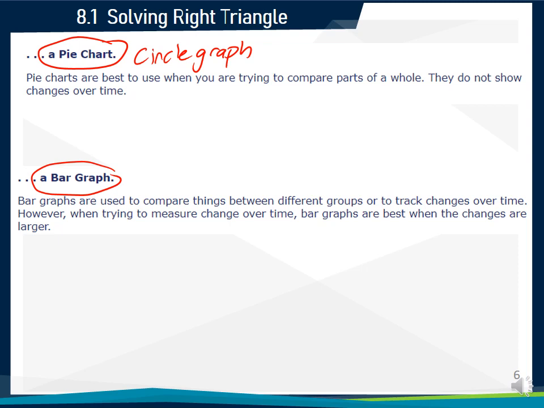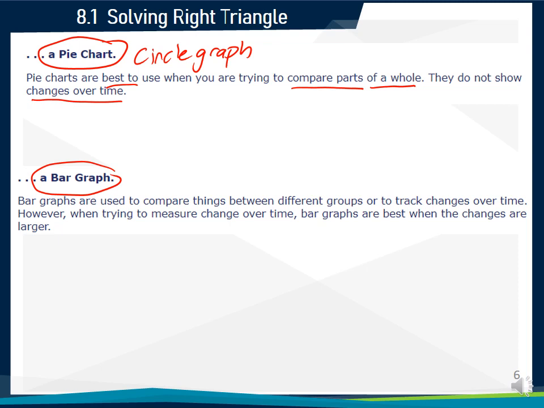A pie chart, we can say pie charts are best to use when we are trying to compare parts, when we have some parts of things, of animals, of anyone, when we want to compare some parts of a whole to the total. They do not show change over time. This is not change over time, okay?